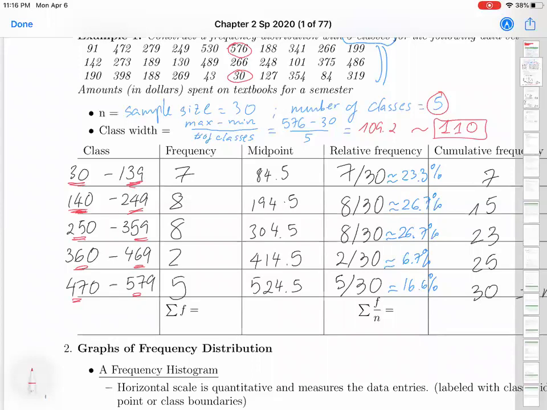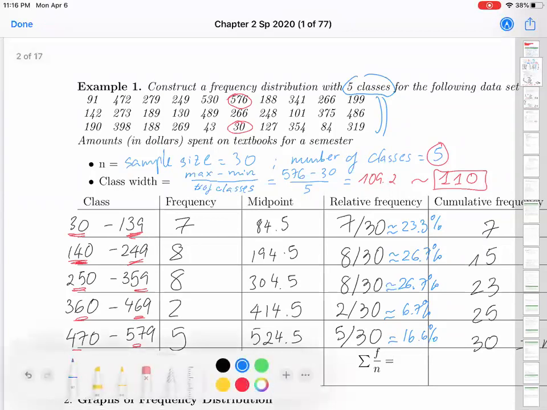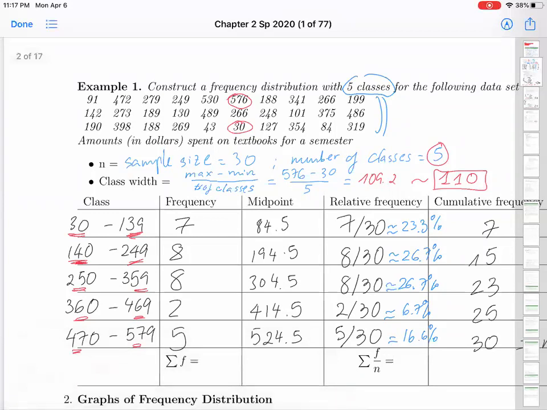And then in order to find the frequency for each class, I will count how many data values fall into the first class. So for example, my first class ranges from 30 to 139. And you can find how many values fall into this class.